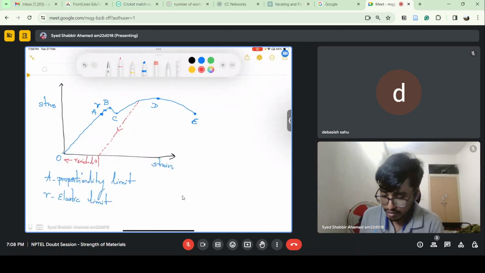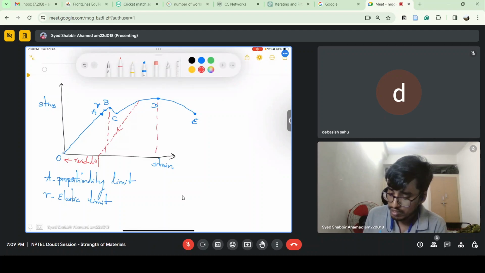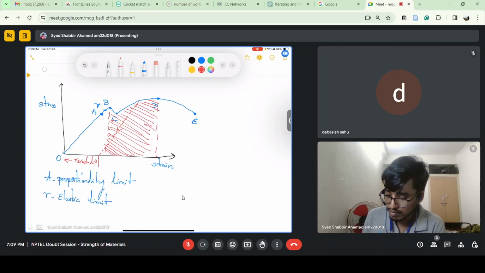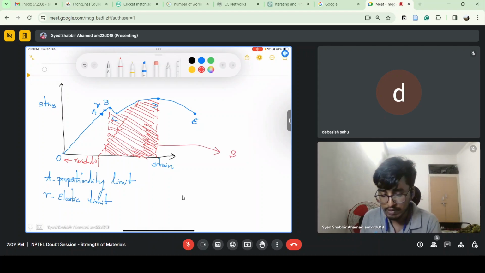So this region B to D is called the strain hardening zone, because here you can see the slope is decreasing, and strain is increasing in a greater way with respect to the stress.